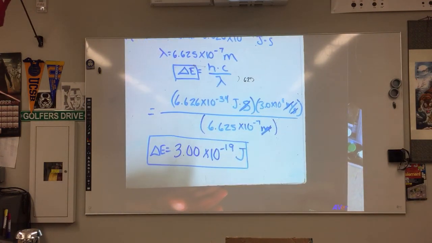So delta E equals 3.0 times 10 to the negative 19 joules.